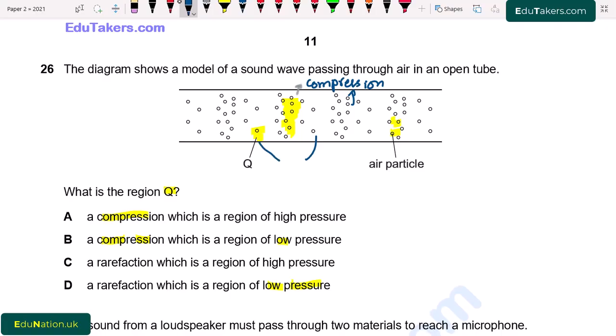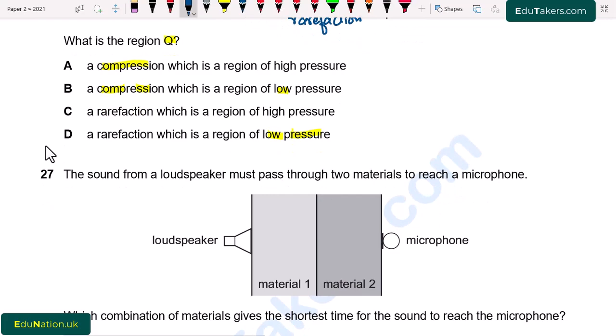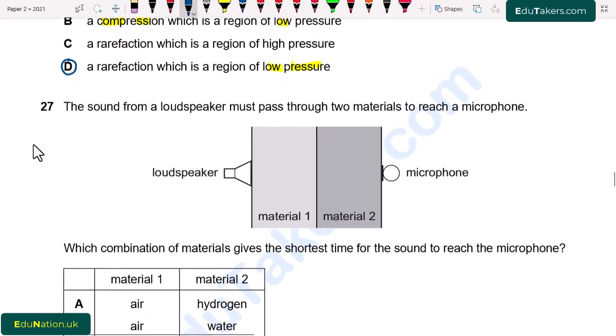This is also compression, while this region Q is actually rarefaction. Rarefaction is the region where there is low pressure. So from this, option D is correct, which shows rarefaction, the region of low pressure.